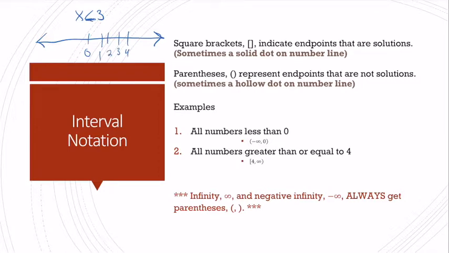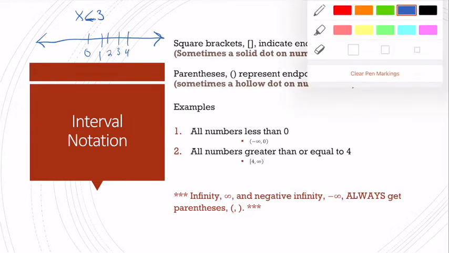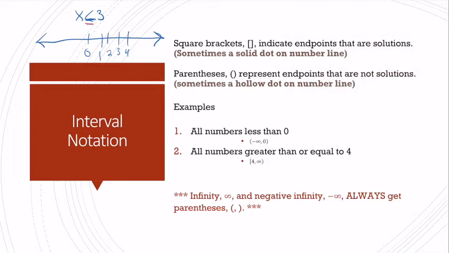I know that 3 is not in my solution set, because 3 is not less than 3. When we have less than or greater than, the endpoint is not included in our solution set.